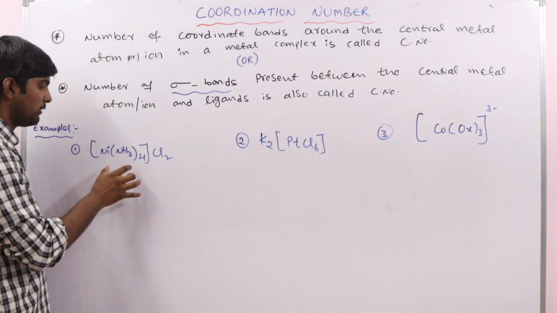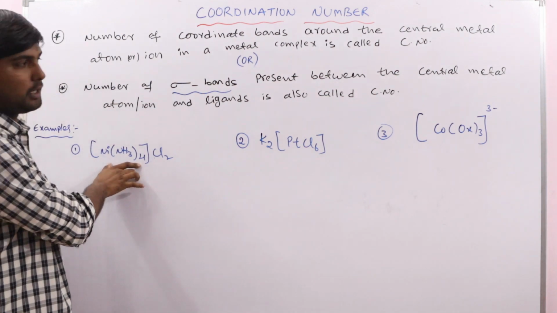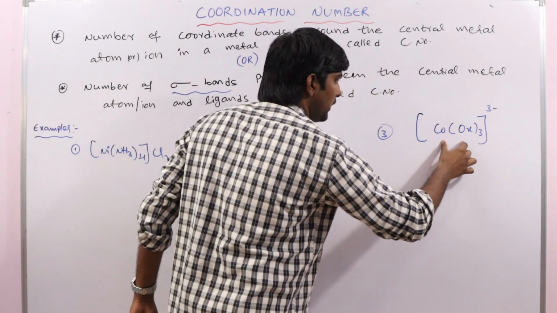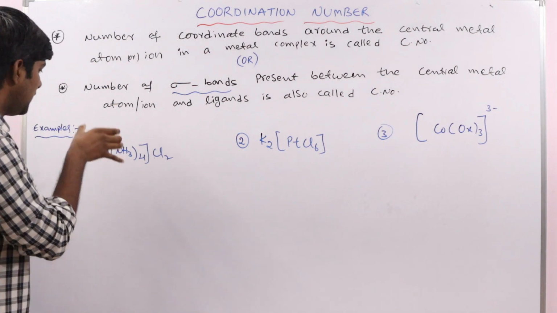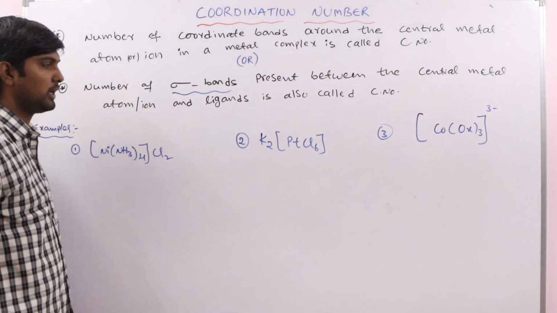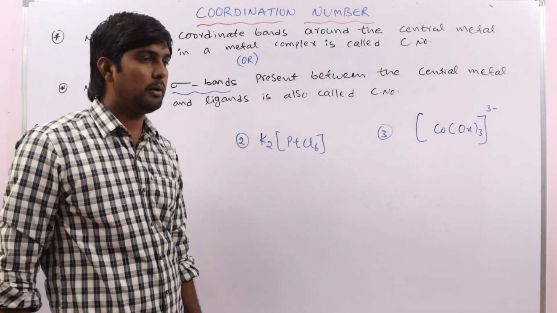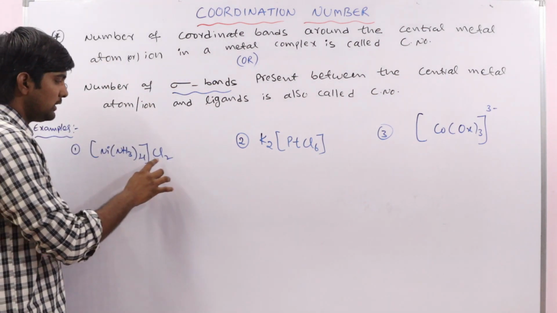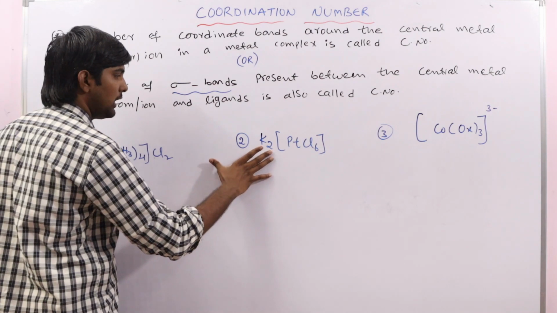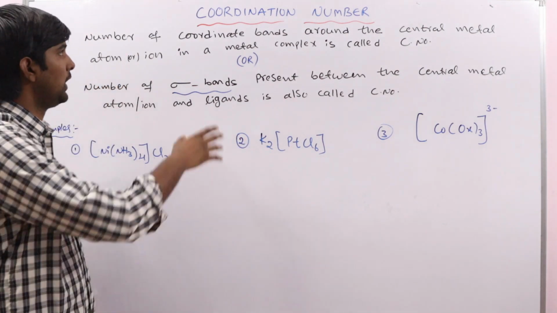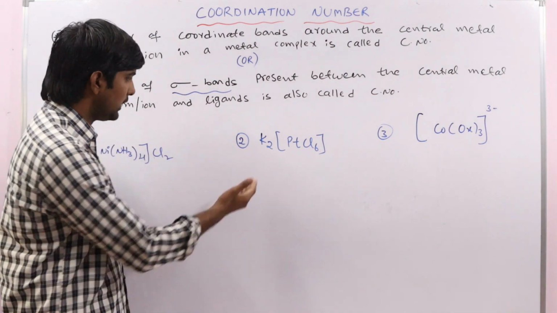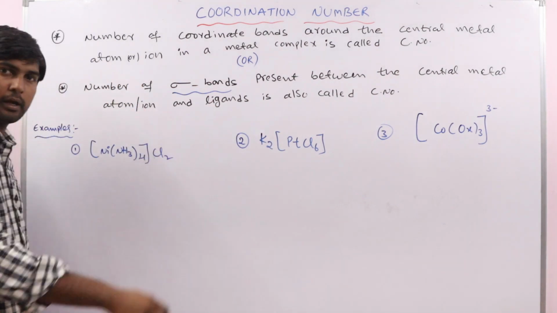Only the species present inside the sphere should be considered, since they are directly bonded to the central metal atom or ion. These are counter ions. We should not consider them for the purpose of coordination number, because they are outside the coordination sphere.